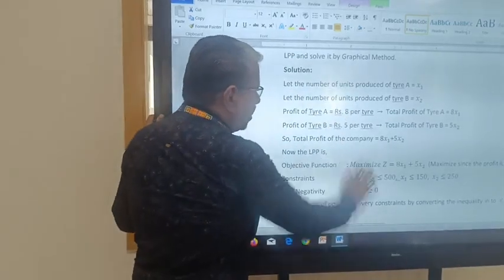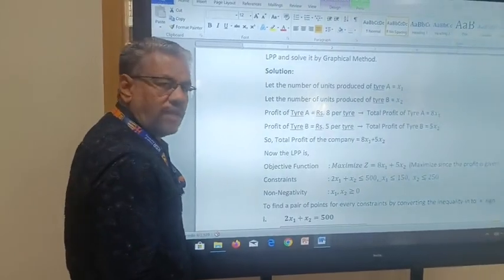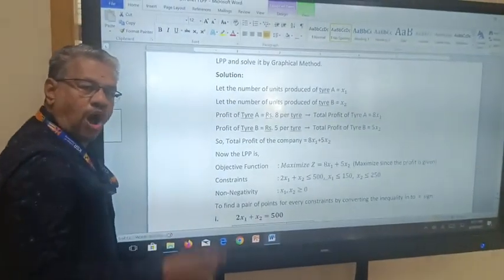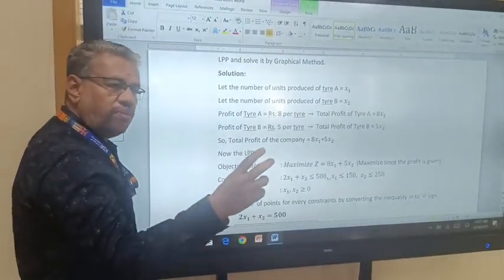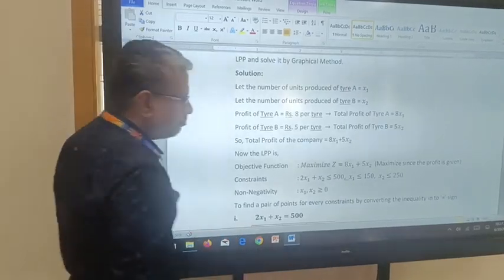So let the number of units produced of tire A be x1 and of tire B be x2, because that is what we are going to find at the end of the problem. How many tires of type A should be produced and how many tires of type B should be produced?